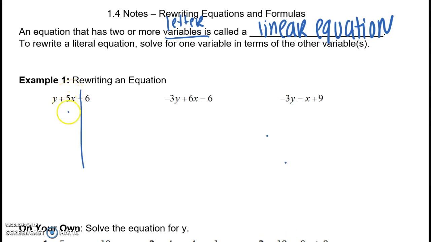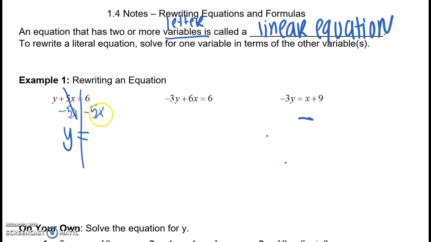So if you take a look here, we have a 5x. We're going to do the opposite because it is a positive 5x, so the opposite would be to subtract. So I'm going to subtract 5x on both sides. Those cancel out, and you're left with y equals. You cannot combine the 6 and the negative 5x because they are not like terms.